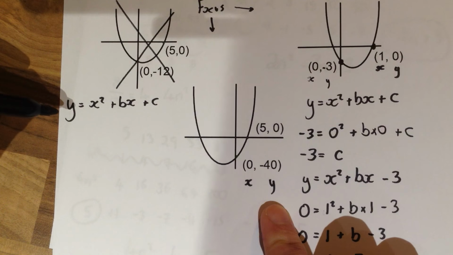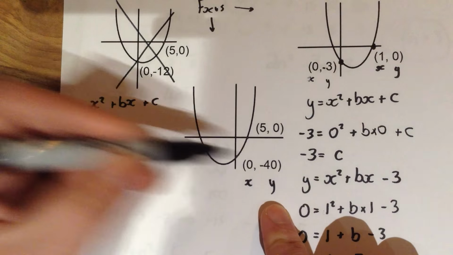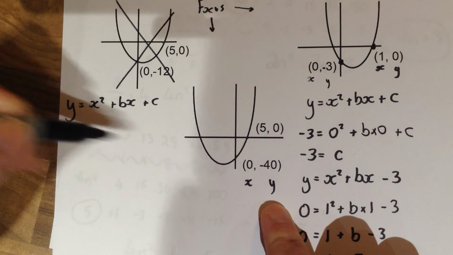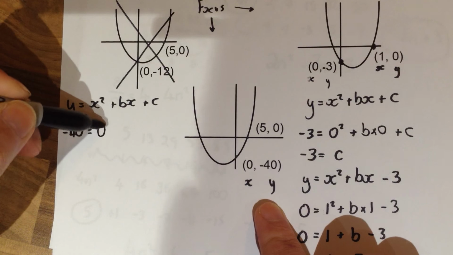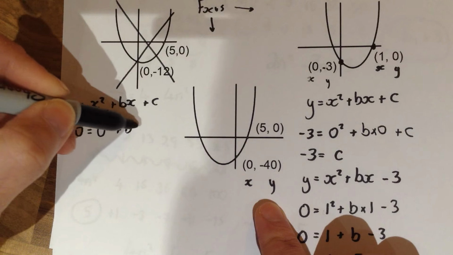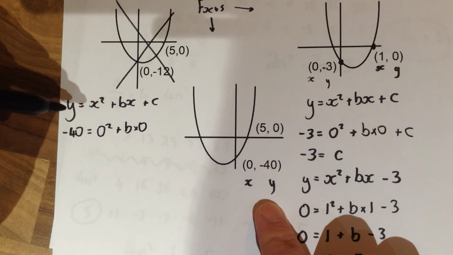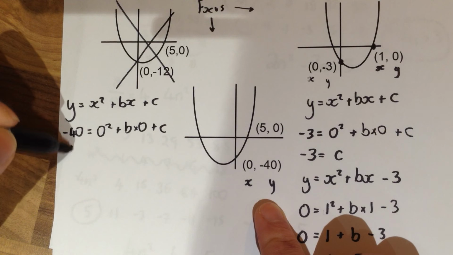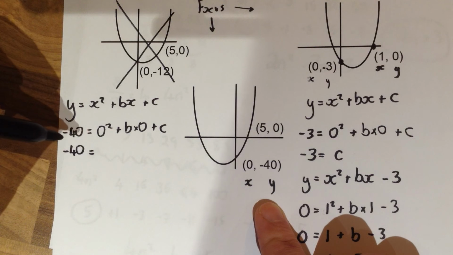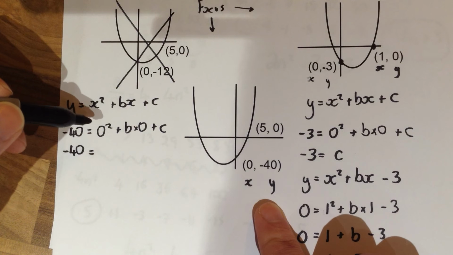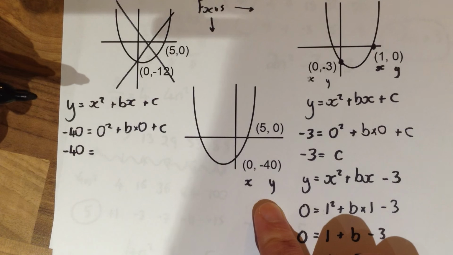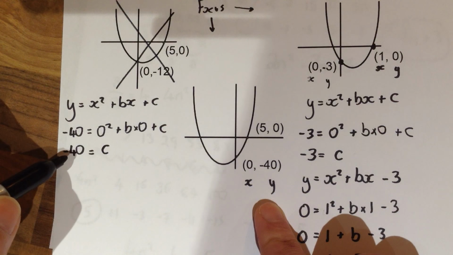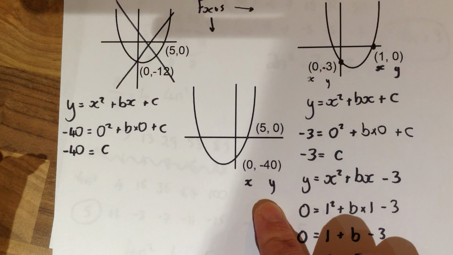Putting that into the equation, y is minus 40, x is 0, so 0 squared, plus b times nothing, plus c. So minus 40 equals 0 squared, that's nothing, b times 0, that's nothing, c. So c is equal to minus 40.